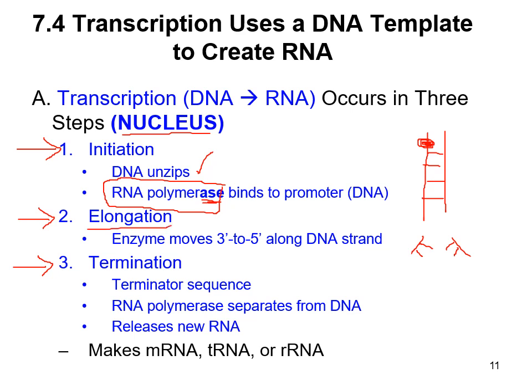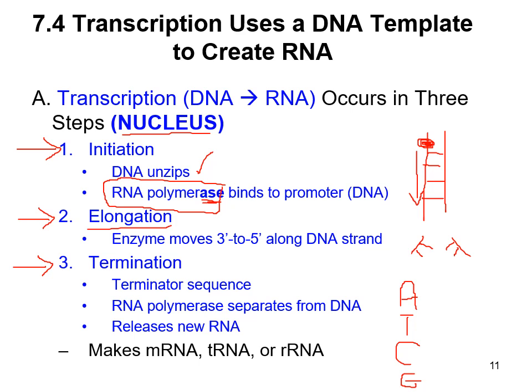And in elongation, what's going to happen is that the enzyme will start to move along the DNA strand from the 3 to the 5 prime, and it will read the DNA molecules. And if it comes across the nucleotides, it's going to start matching it with its complementary strand of RNA.